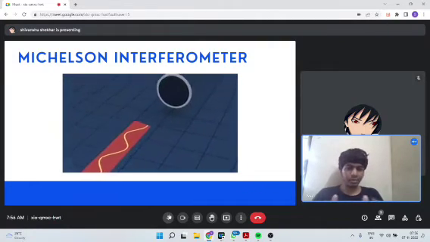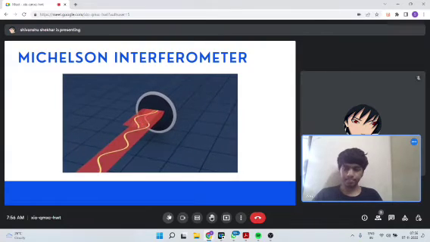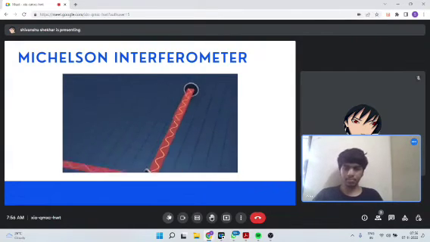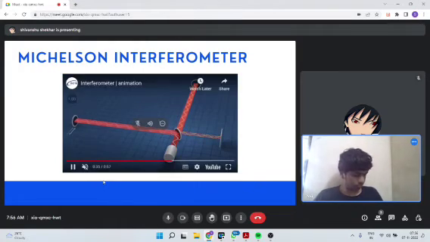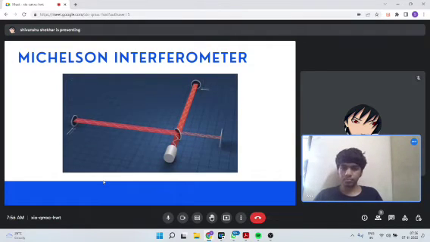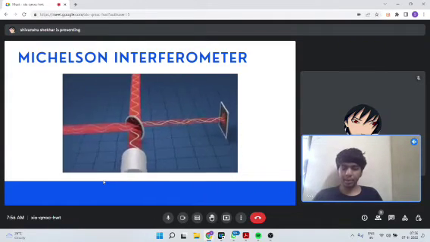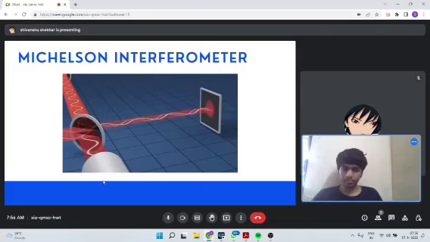These are the two lights being split in two directions, reflection through the mirror, meeting back at the beam splitter and combining as one wave, and showing varying intensity as per the optical path induced. As you can see, by changing the optical path, the intensity is changing.